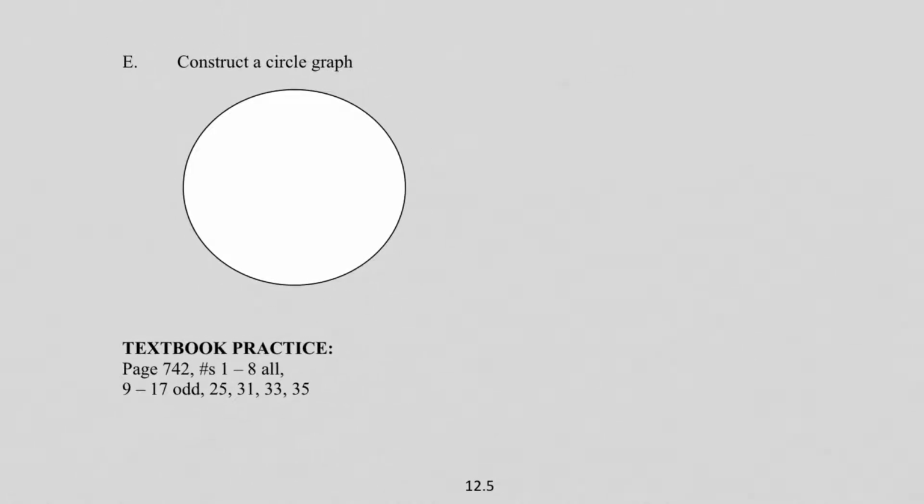So first of all, what does our data look like? We have 27, 28, 29, 30, 31, 32, 33, 34.